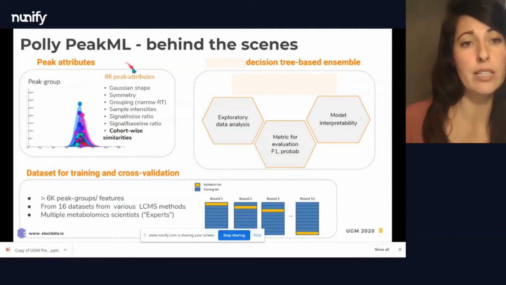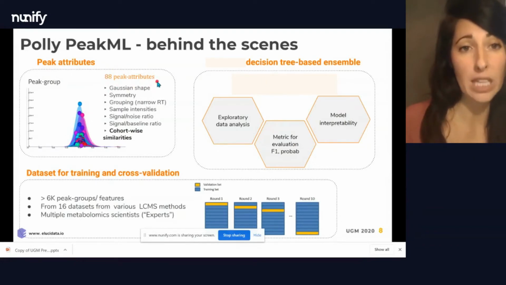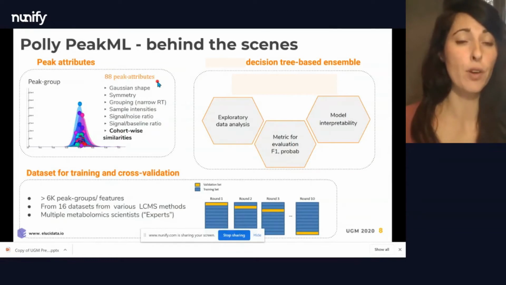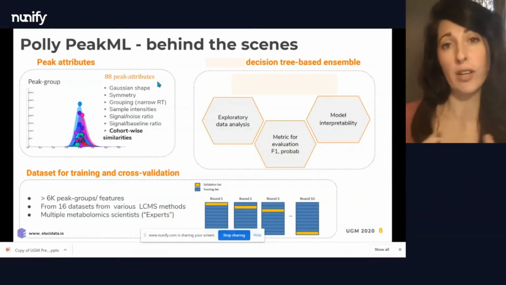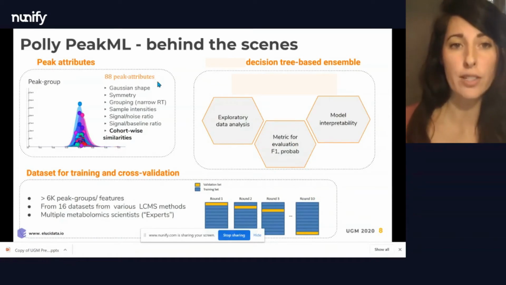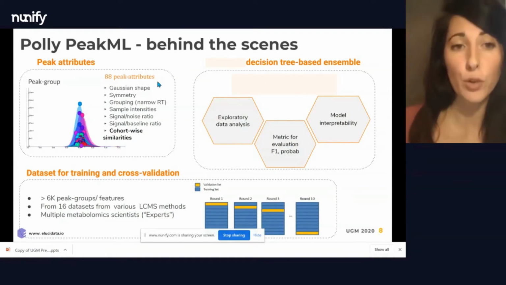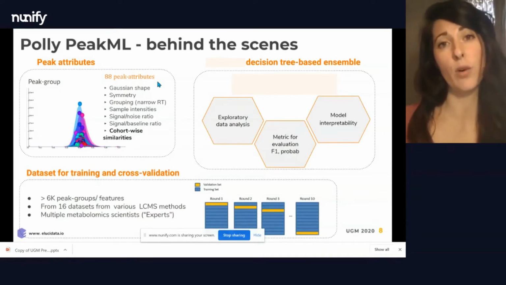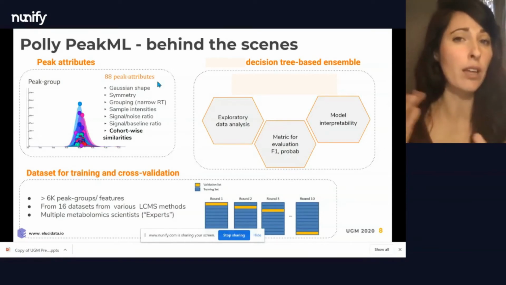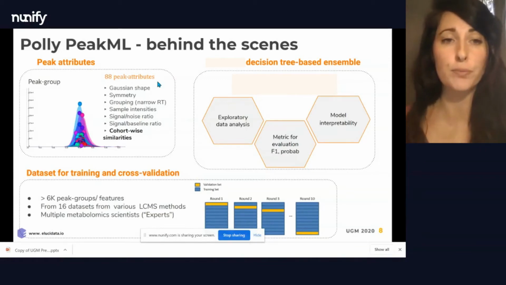So the Elucidata team came up with 88 different peak attributes that mathematically describe basic features of what a peak is. These include Gaussian shape, signal to noise ratio, symmetry, as well as even asking the question, is this peak found in any other similar cohorts across your sample?